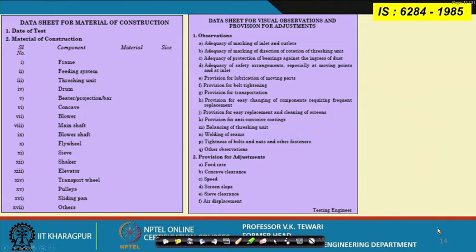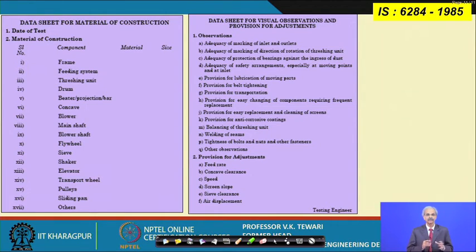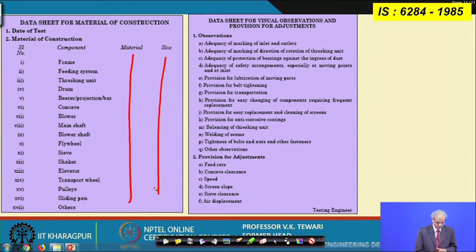Further information about the date of test, material of construction. Yes, it is very important. We also discussed in one of my classes what should be the material of construction of a particular component of a particular equipment, and this is very important here: what material the manufacturer has used and what is the size of that.